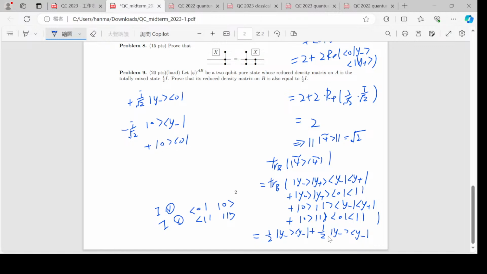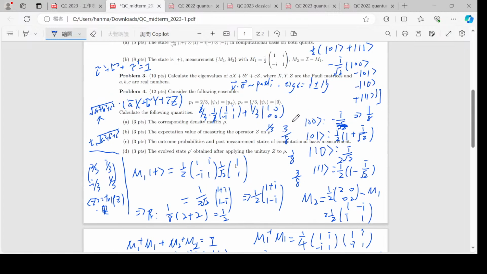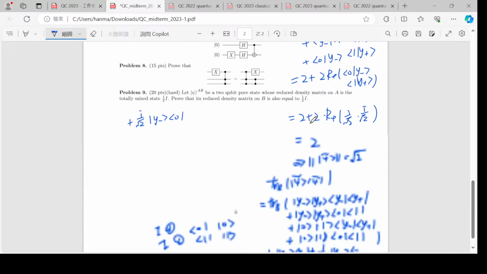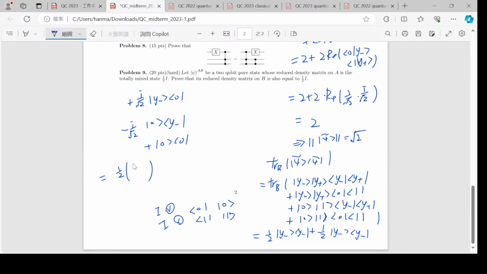Let's see if we actually got the density matrix. All those things adding together equal 1 over 2 of y minus, and y minus is 1 minus i times 1.